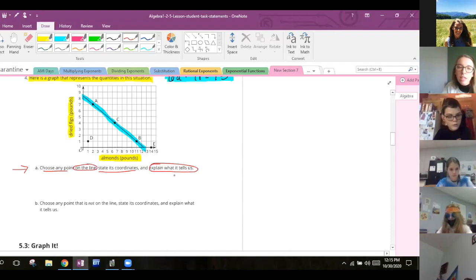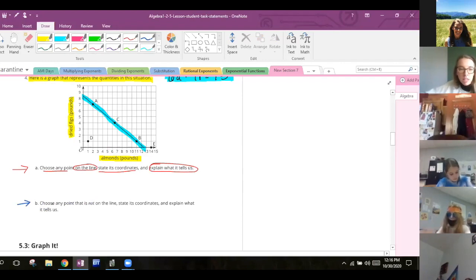In order to explain what it tells us in the situation, once again, you have to read your graph. You got to know what your X and Y axis are talking about. So choose any point that's on the line, tell me its coordinates, and then explain what it means in the situation.